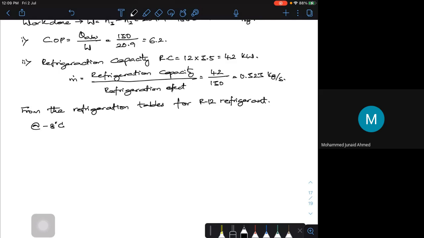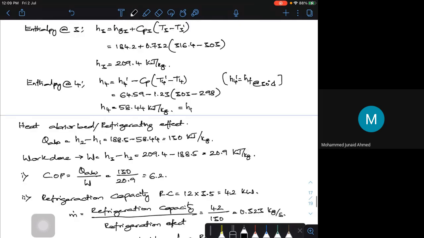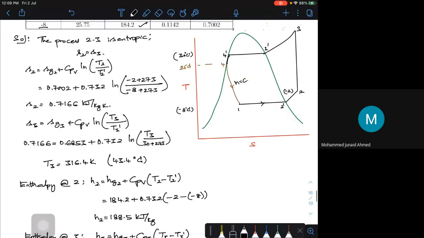At minus 8 degrees Celsius, I need to look at this particular point. Minus 8 degrees, that is 2 dash. I need to look at that particular point, because the specific column is not much changing.